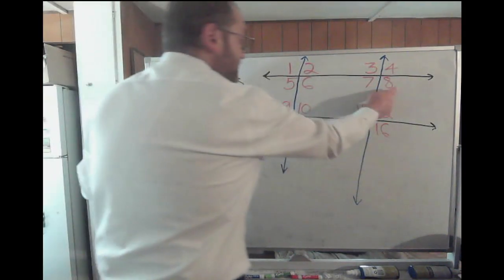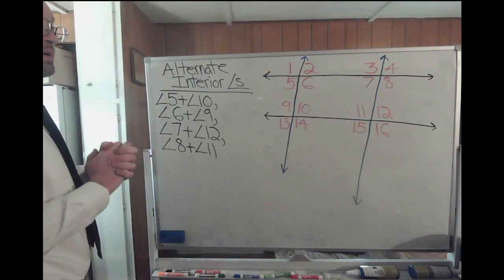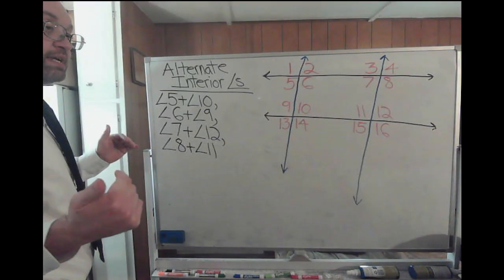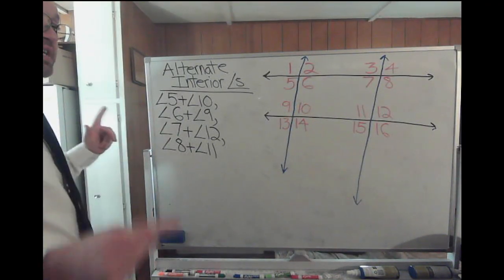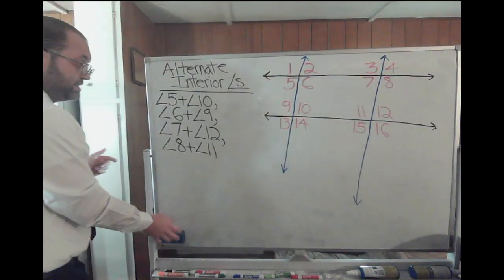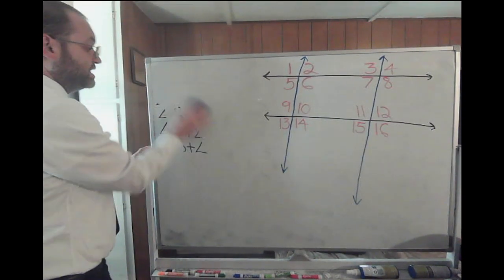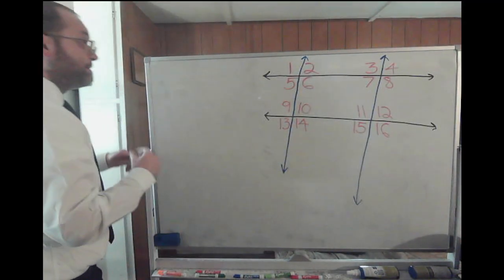And then you have angles 8 and 11. Those are alternate interior angles. So they run on the two lines that don't touch each other, but they run on opposite sides of the transversal. That's why they're alternate. And then we got one more type, and then that should be it for today's lesson.